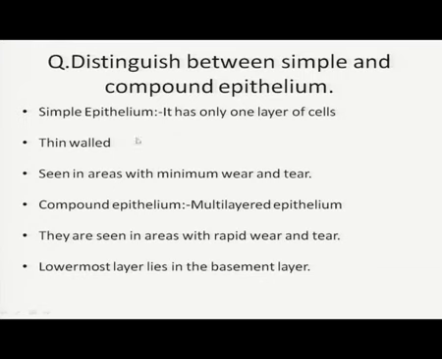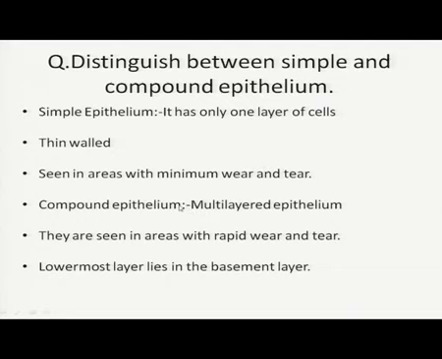Now, coming to the next aspect, distinguish between a simple and compound epithelium. You know, simple epithelium is made up of only one layer of thin walled cells, and they are seen in areas with minimum wear and tear.